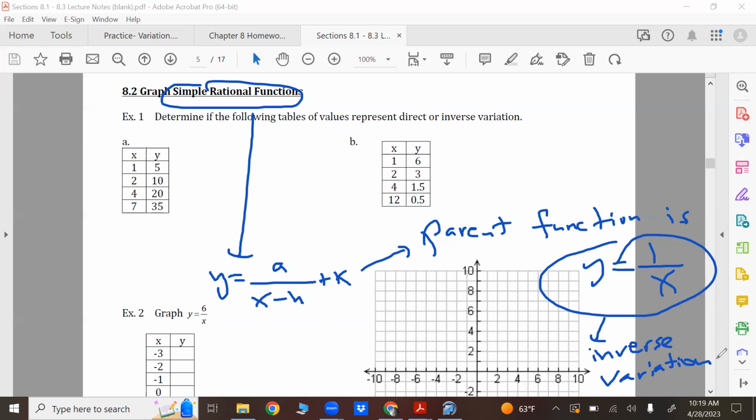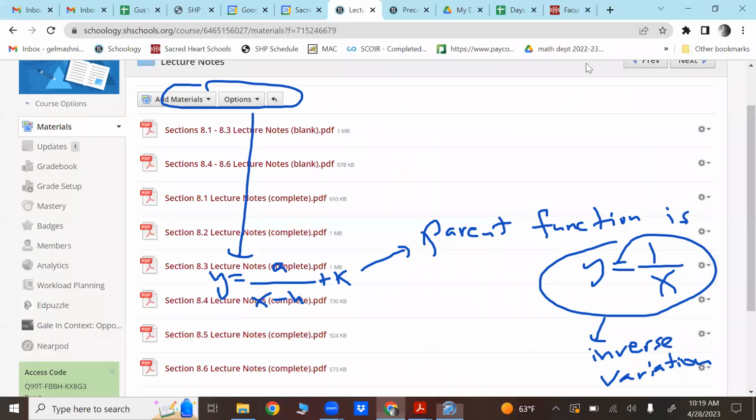So there's no stretch, right? Because A doesn't stretch or reflect. H is 0 and K is also 0. So there's no movement. In fact, actually, if I go to, give me one sec here, if I go to Desmos.